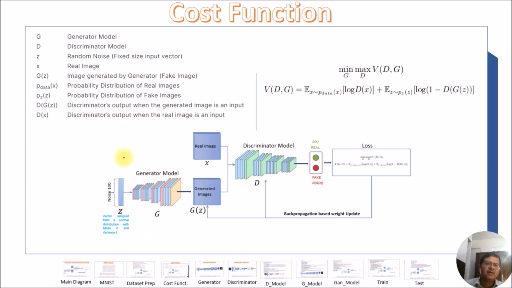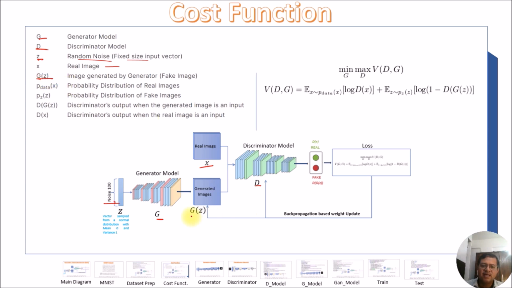Here, we use G to represent the generator model, D to represent the discriminator model, and Z to represent the random noise, meaning a fixed-size input vector which is noisy. X is the real images captured from some database or source of real images.